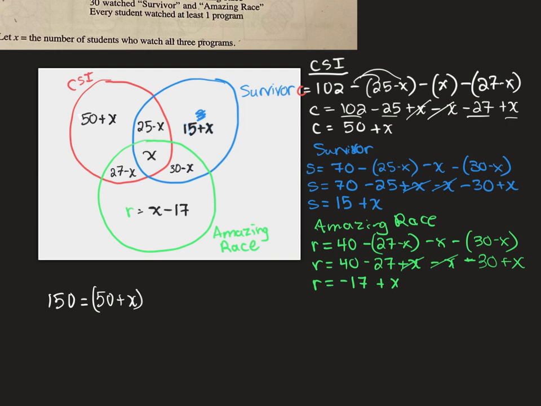I'll put it in brackets, although we don't need it because we're just adding, but just so you can see where these are coming from. Plus, and then the 25 minus x, and then plus the x in the middle, plus the 27 minus x, plus, now we'll go to swimming, 15 plus x, and then plus 30 minus x, running out of room.